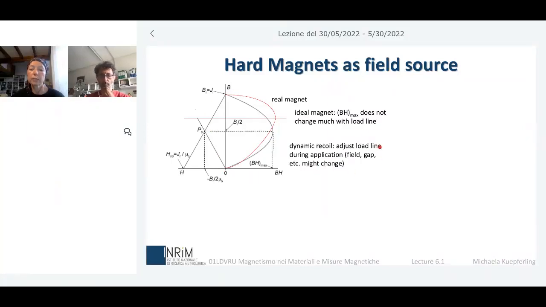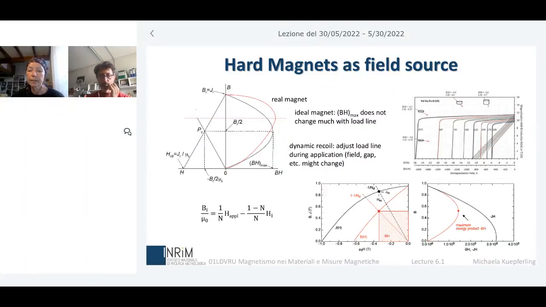If you can do that, which is not always possible, then we speak about a dynamic recoil. One thing more to mention, which I already touched briefly, is that it's not only in the magnetic circuit that you have to consider this, where we simply have the geometric factor related to the cross section of the yoke, but in a general situation we can also relate it to the demagnetizing field.